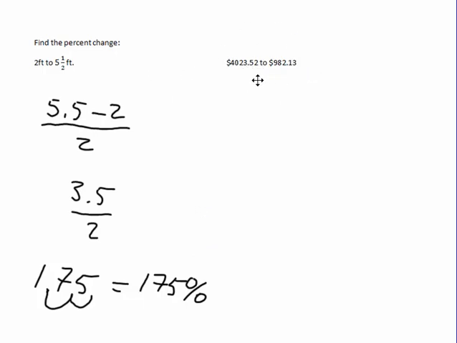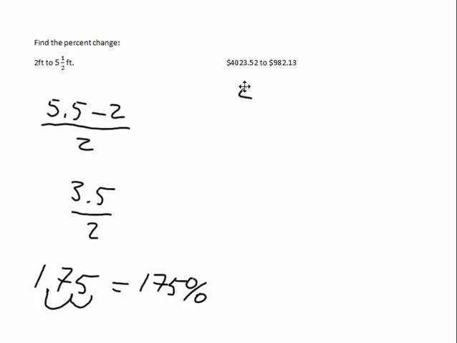All right, let's try this one. This one looks a little bit more difficult. So we go from 4,023.52 to 982.13. Now we got smaller here, so we had a decrease. So we want to say original minus new over the original.